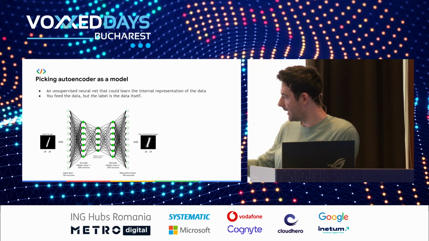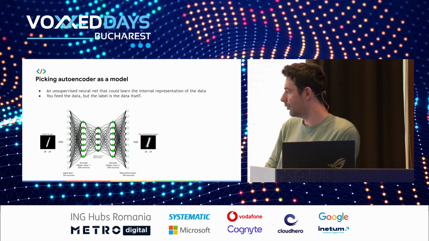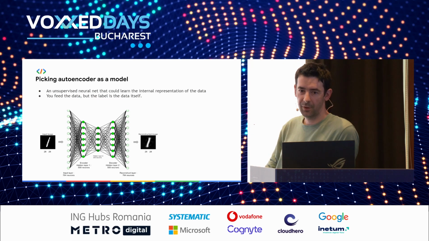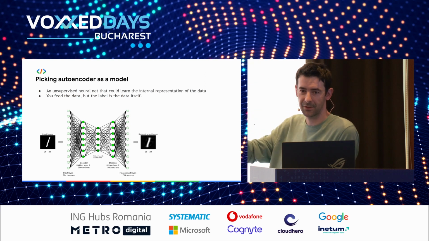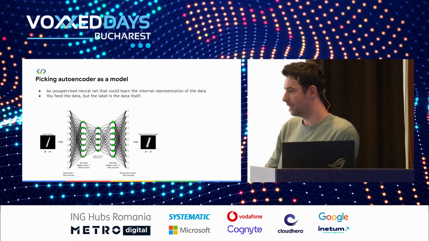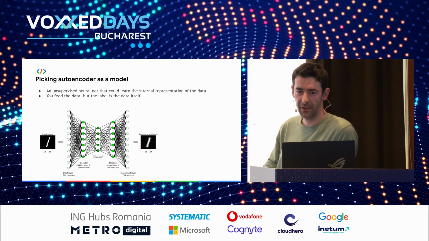As you can see, the reconstructed image is not exactly the same as the input image, because otherwise, if you train this autoencoder to reproduce the exact same image with the exact same pixels, that would be kind of stupid because it would overfit. So it produces an image very similar to the input image. That's what people usually call generative AI. And I think you've heard that term a lot in the last months.